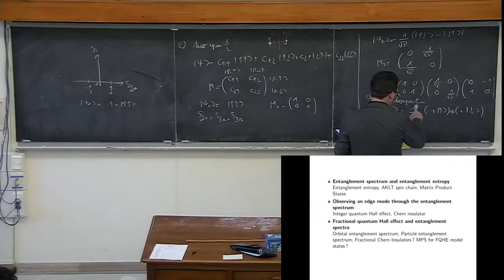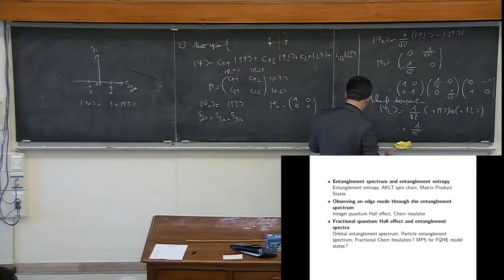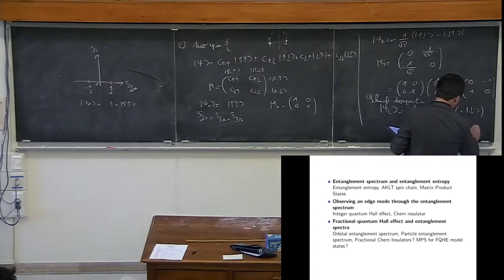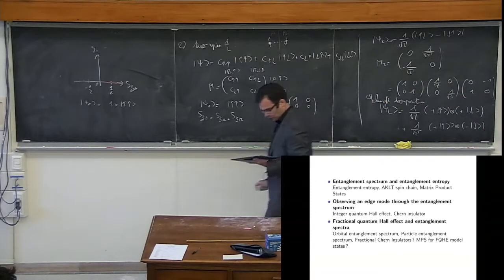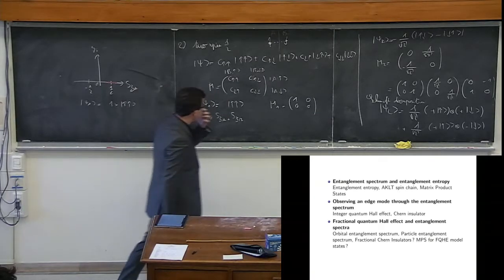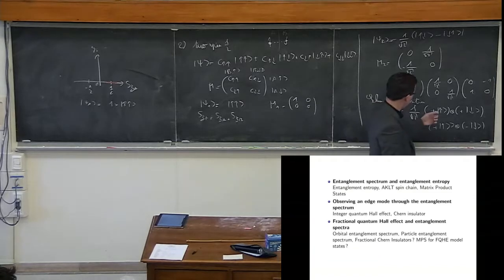Remember that all the coefficients here have to be positive. It's plus up, tensor product, minus down. Remember the A I and the B I, so that's A1, B1, A2, B2.